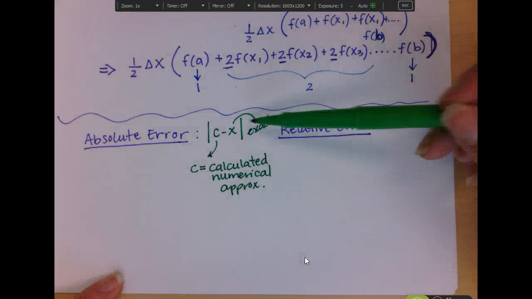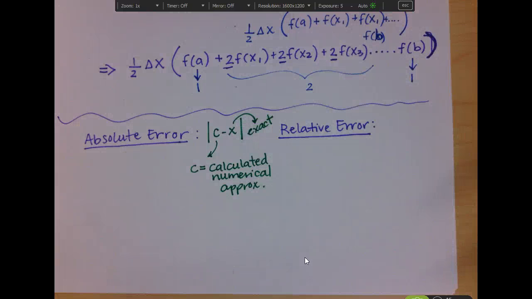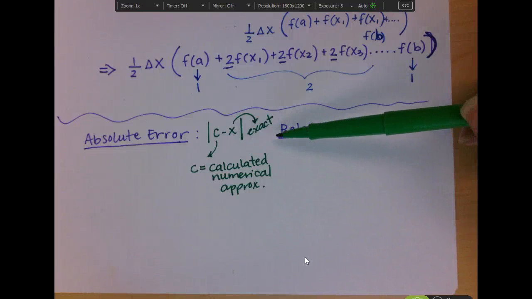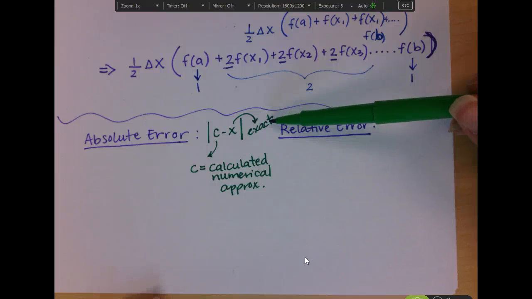So basically we're just subtracting and taking the positive version of that answer. So how many units are we away from the exact result that we would get from using our integration techniques?